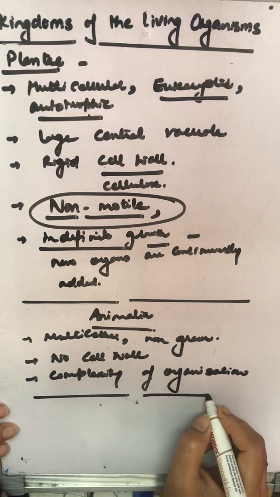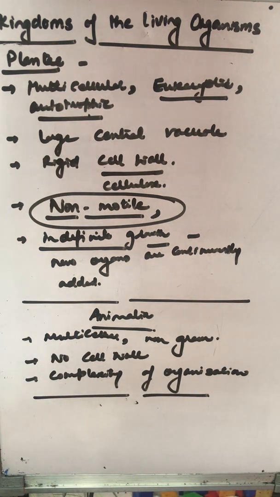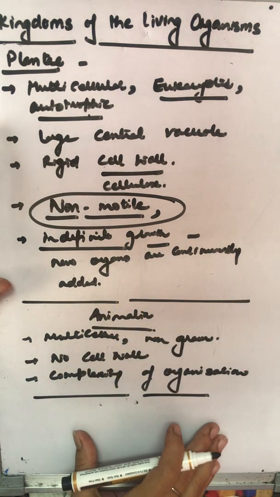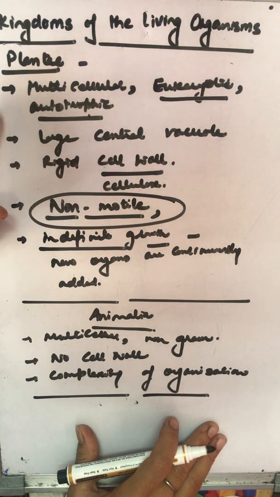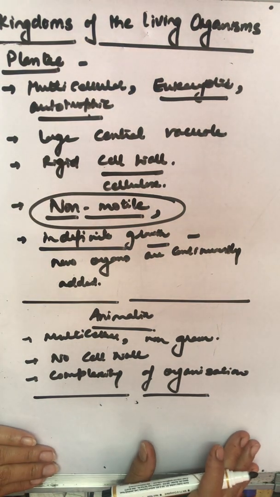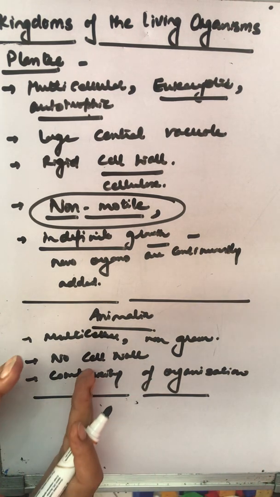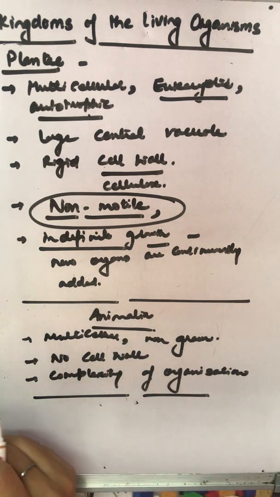Further, there is a big division that differentiates all the Plantae, and phyla differentiate all the Animalia. Remember, divisions in Plantae and phyla in Animalia divide them further on the basis of similarity in their characteristics at different levels.